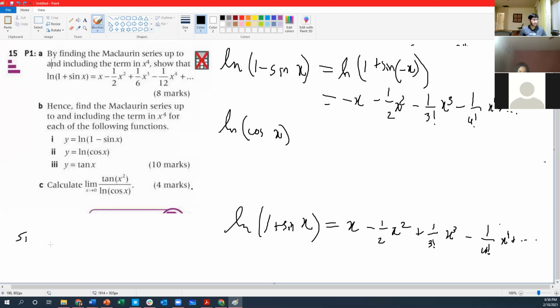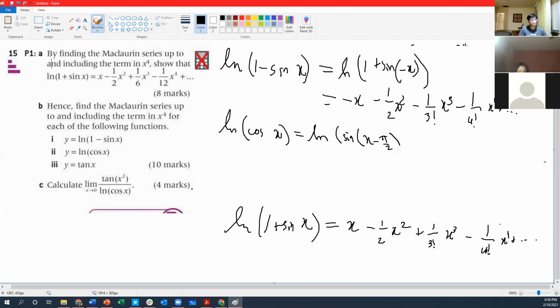Okay, well, here's another approach. Maybe this might work. Cos x is just sine x shifted over pi over 2, right? So I'm thinking, could we write this as ln of sine of x minus pi over 2?